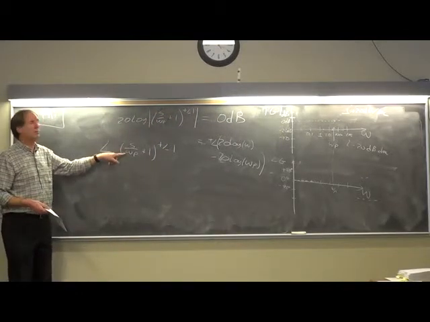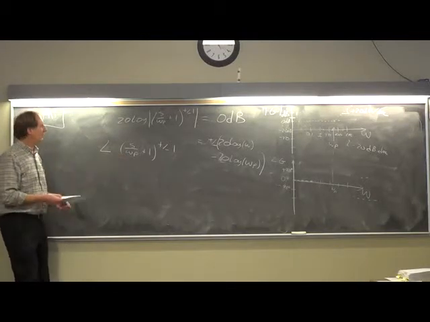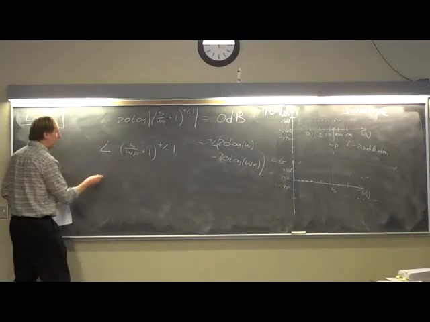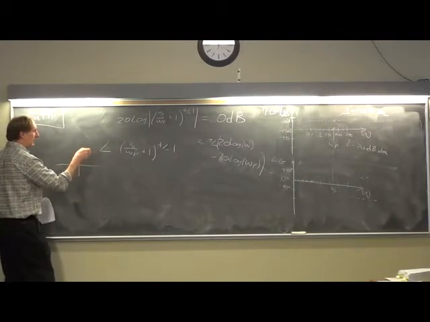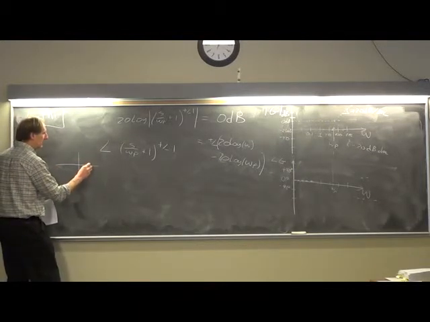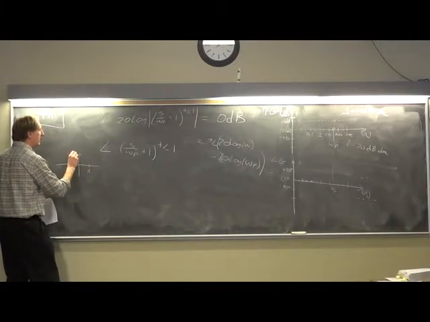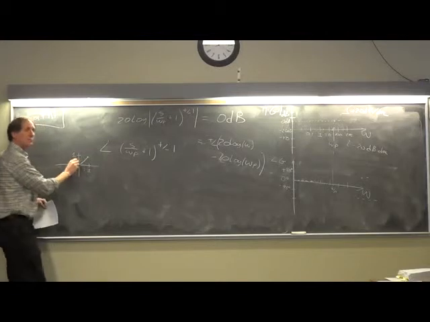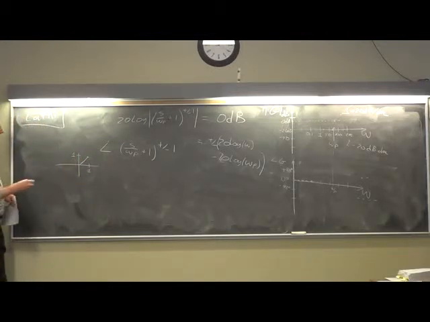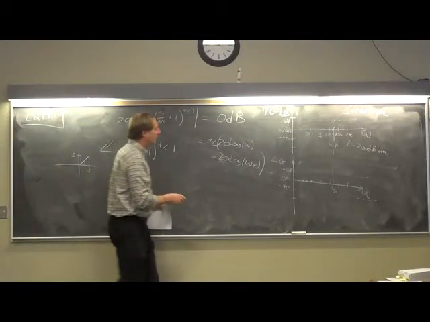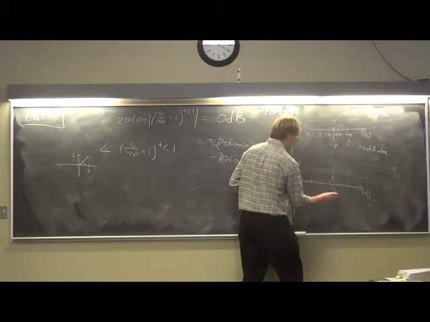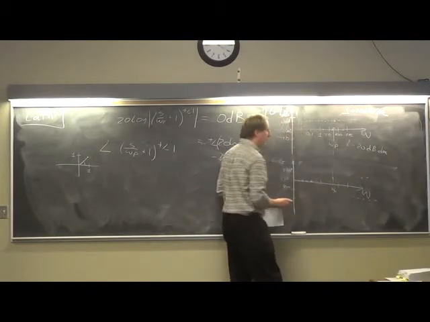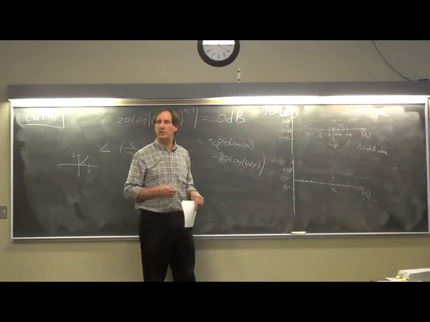Right when s is equal to omega p, I have a situation where we have a real number and an imaginary number that are equal. Okay? So right at omega p, we're going to have either positive or negative 45 degrees of phase shift.